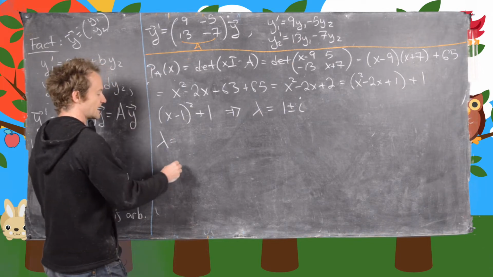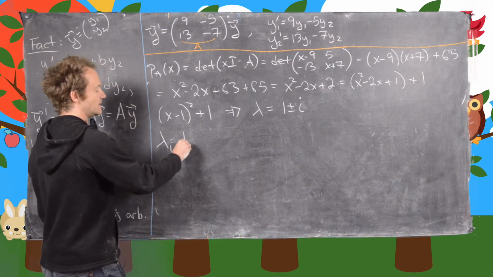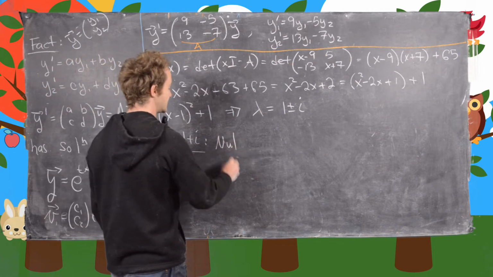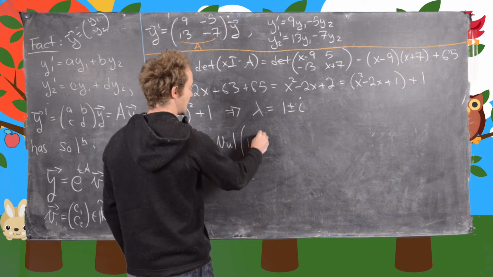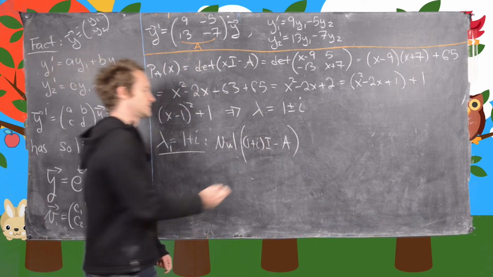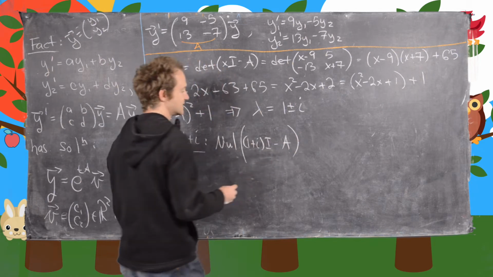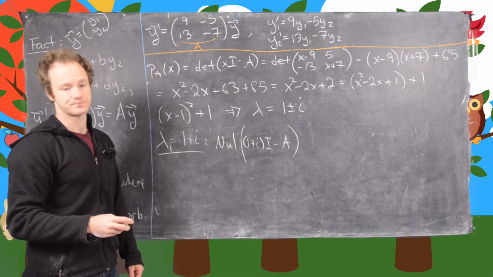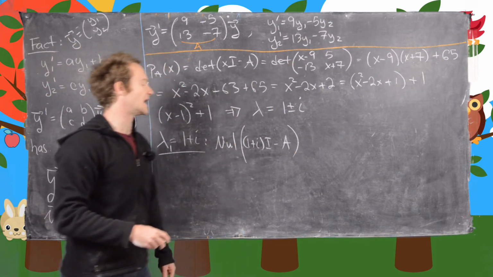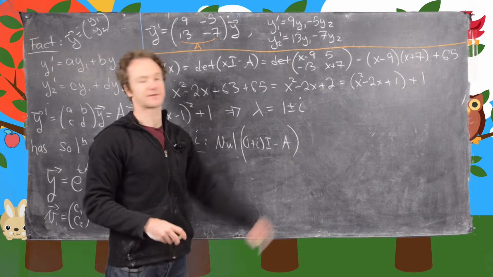If we first take lambda 1 to be 1 plus i, we need to find the null space of (1 plus i) times the identity minus our matrix A. That's the same thing as plugging 1 plus i into this matrix for x.